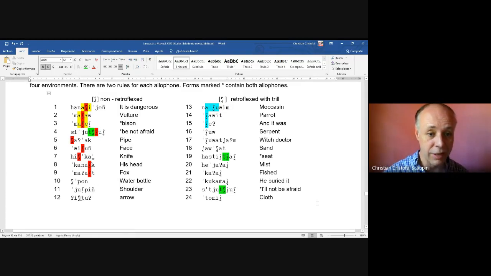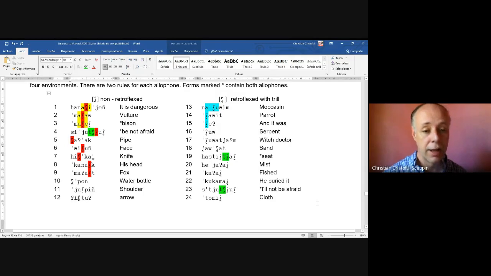In one example it is syllable final. In number 11, it is syllable final. In number 10, it is syllable initial. In number 9, it is syllable medial in all environments. Okay.